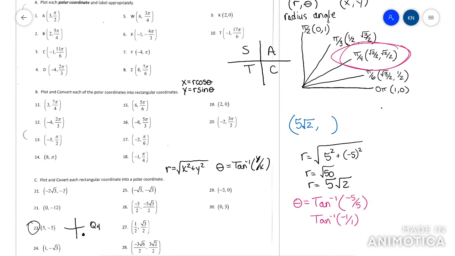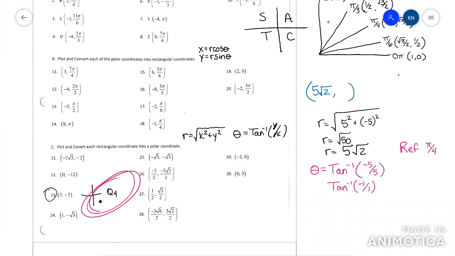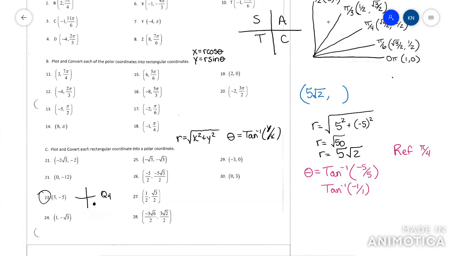So your reference is pi over 4. So I write, okay, reference is pi over 4. Now, I need to give the quadrant 4 answer for where pi over 4 is. So the quadrant 4, where that is, would be 7 pi over 4. This is going to be my theta.